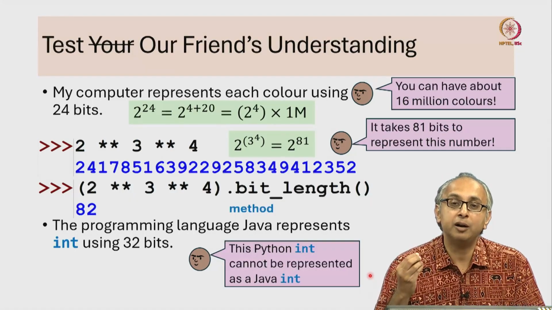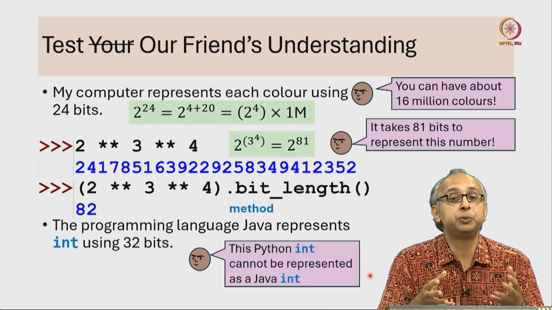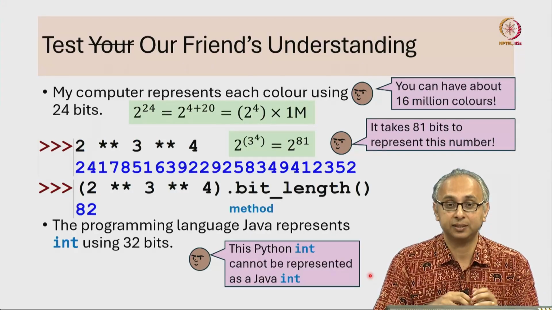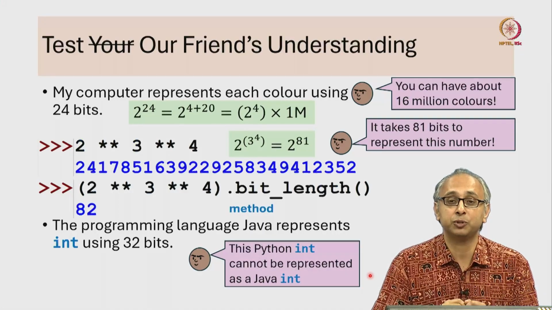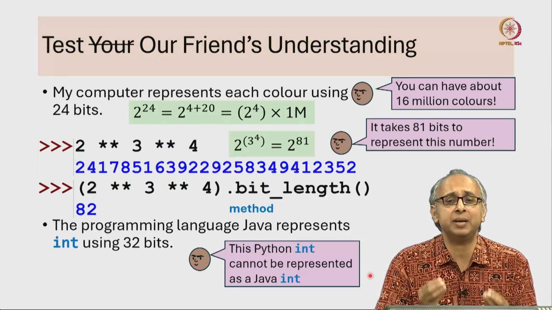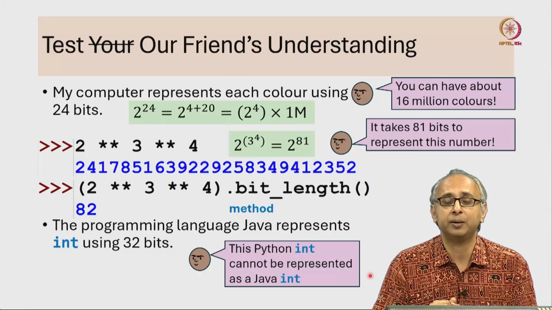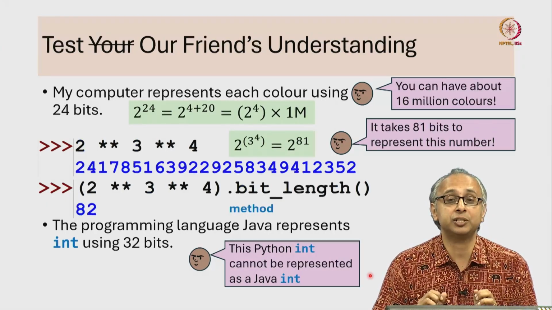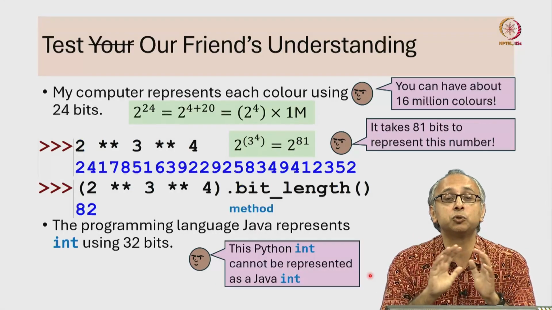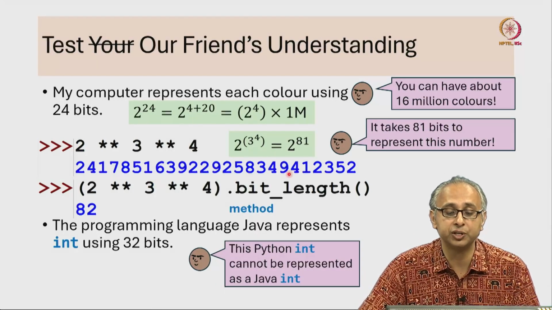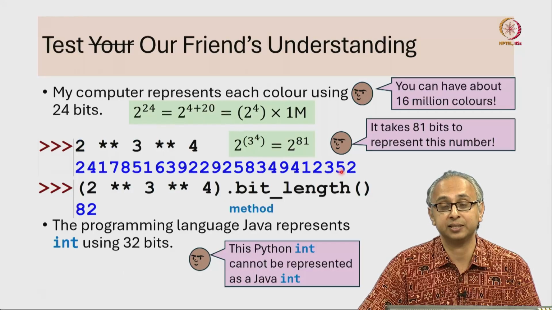So there are integer values that you can compute with in Python using the int data type, which is available in the Python language. And although there is a data type with exactly the same name in the Java programming language, because that integer type in Java is restricted to only 32 bits, Java cannot represent integers as large as this.